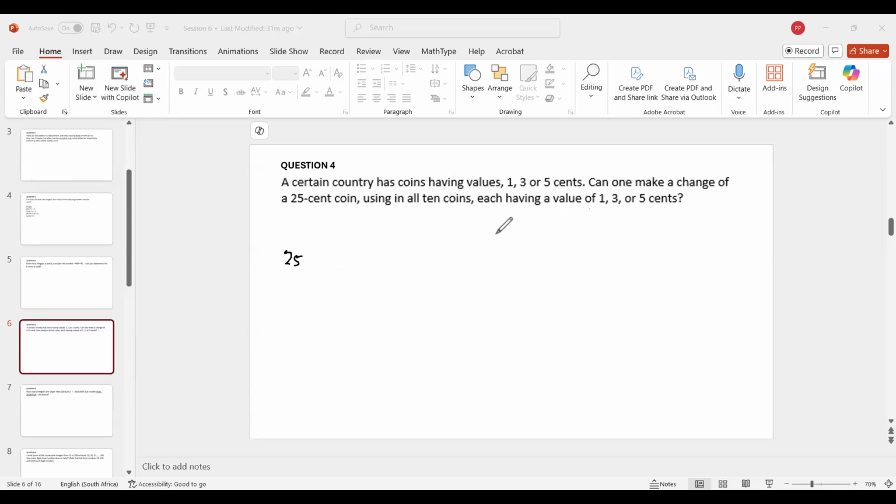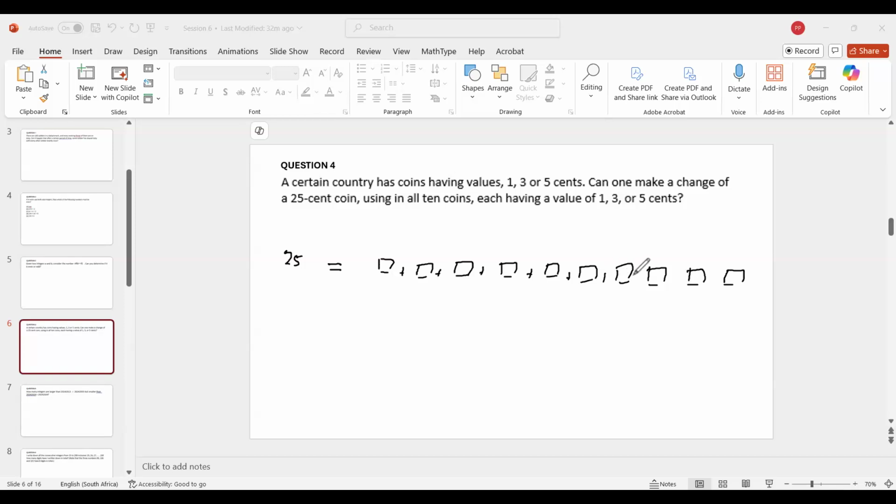And you're going to make change using 10 coins, using in all 10 coins. 4, 5, 6, 7, 8, 9, 10. I think I've got 10 here. Now, is it possible that you can get these 10 coins to eventually give you 25?